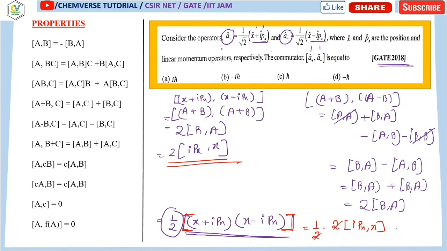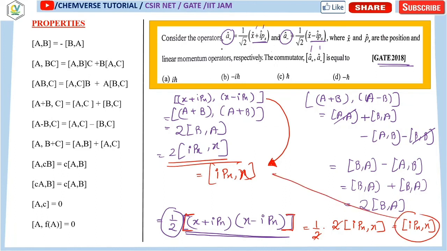Now the 2 cancels out, so it has a value of i px x. Clear? So overall the commutator has a value of i px x. I am writing this value over here.